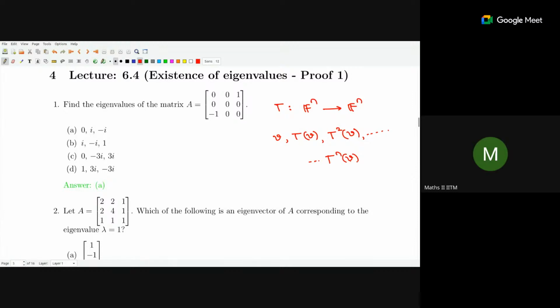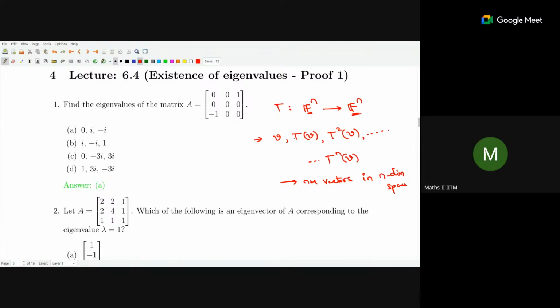You just do composition of the same operator again and again. So now you have n plus 1 vectors, starting from v. You have n plus 1 vectors in n dimensional space, in Fn. So Tv, T squared v, everything will be in Fn only, right? Even v will be in Fn.